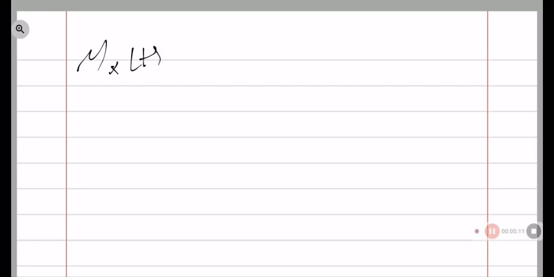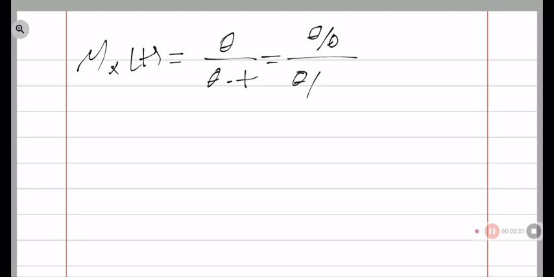So M_X(t) equals theta divided by theta minus t, and we can simplify this by dividing the numerator and denominator by theta.